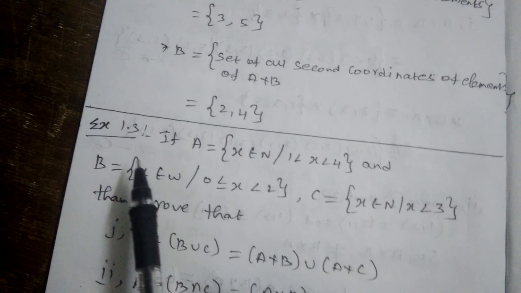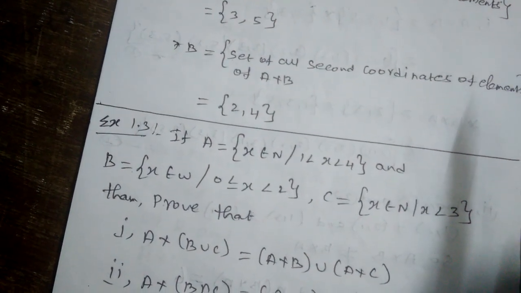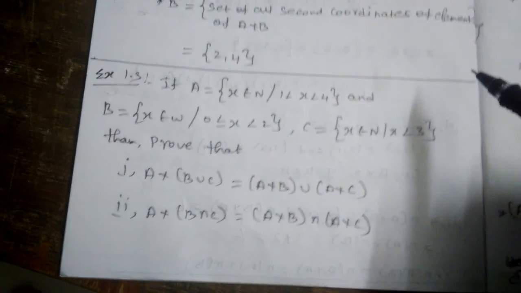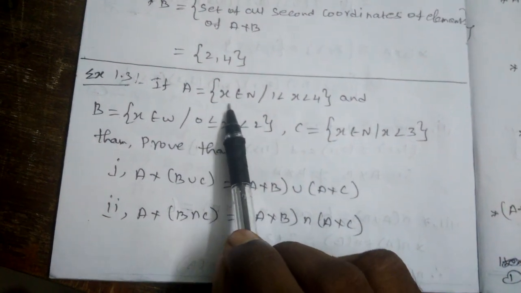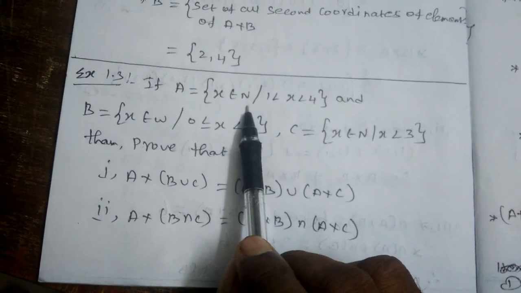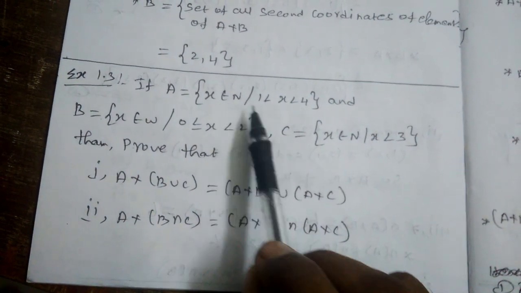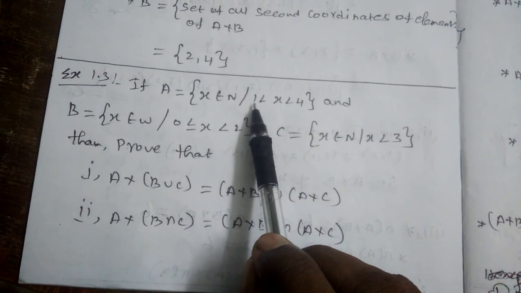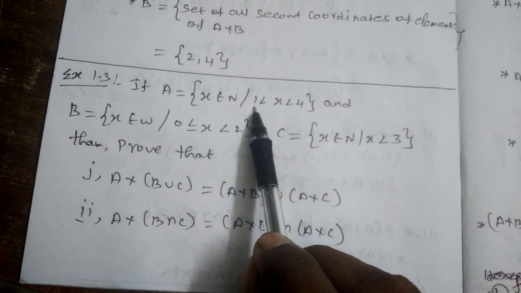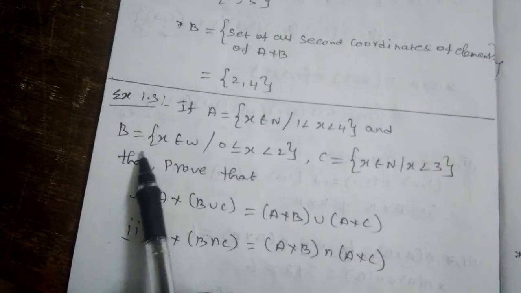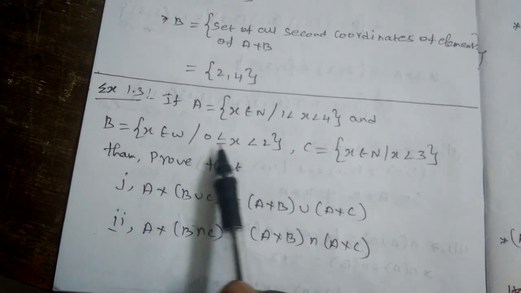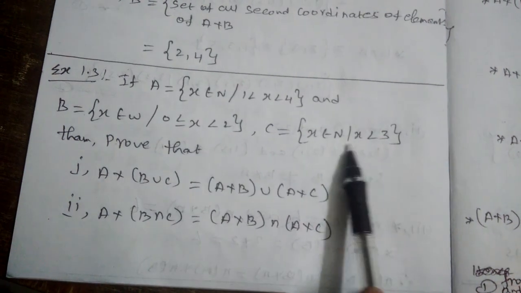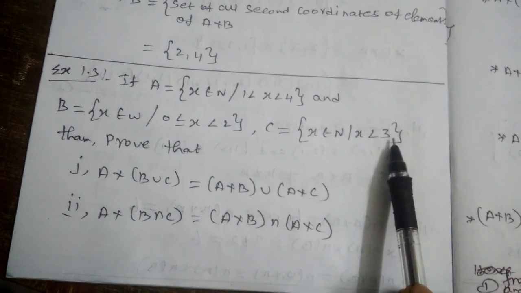Now we go to the third question. Example number 1.3. Very, very important 5-mark question. If A is equal to {x | x belongs to N and x lies between 1 and 4}, I mean x is greater than 1 and less than 4, and B is equal to {x | x belongs to W and it lies from 0 to 4}, C is equal to {x | x belongs to N, x less than 3}.